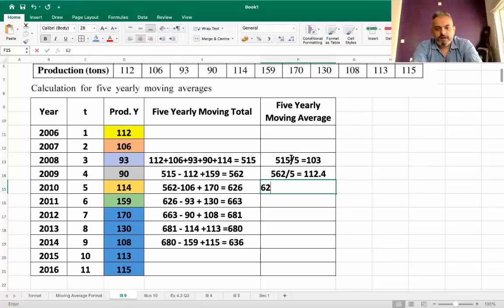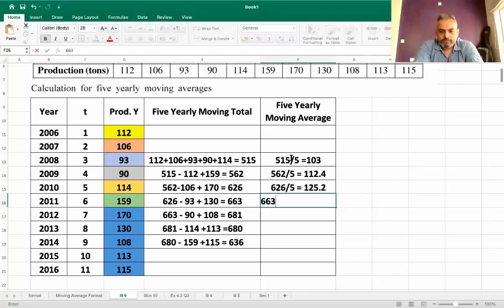Then 626 divided by 5 is equal to 125.2. Then 663 divided by 5, 132.6.